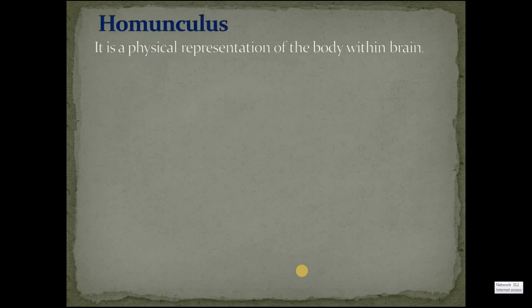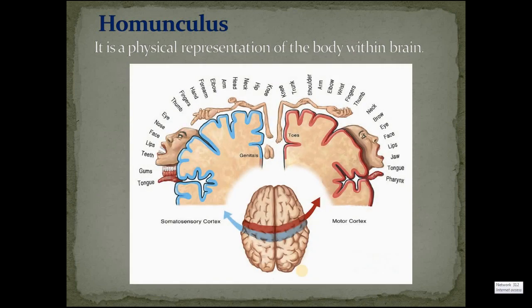Now the second topic is what is the homunculus. We can see ourselves in a mirror, or the people around us, but our brain does not see us that way. The homunculus is a physical representation of the body within the brain. It means that in our brain there are specific areas which control specific parts of our body.